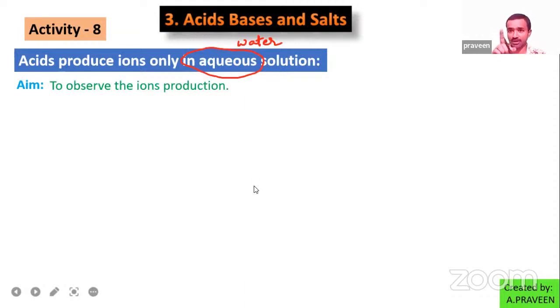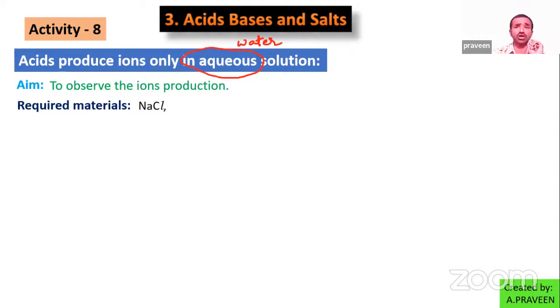I mentioned clearly there is no use of electricity in this activity. So we are not depending on any electric source here. Simply we are taking one salt and sulfuric acid. If you take an acid with water directly, what happens?